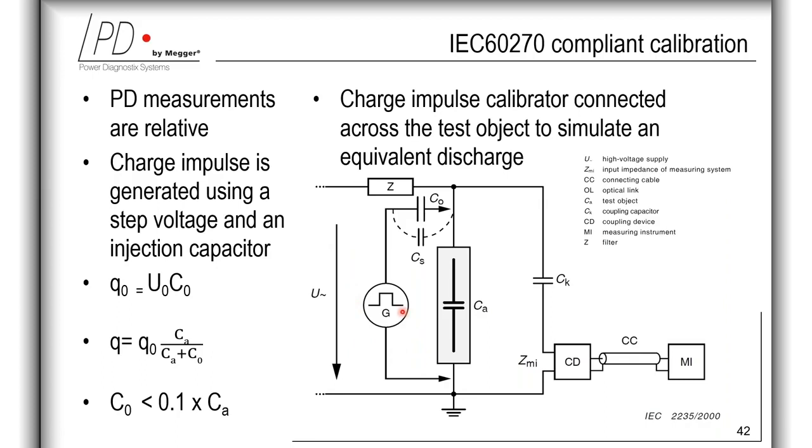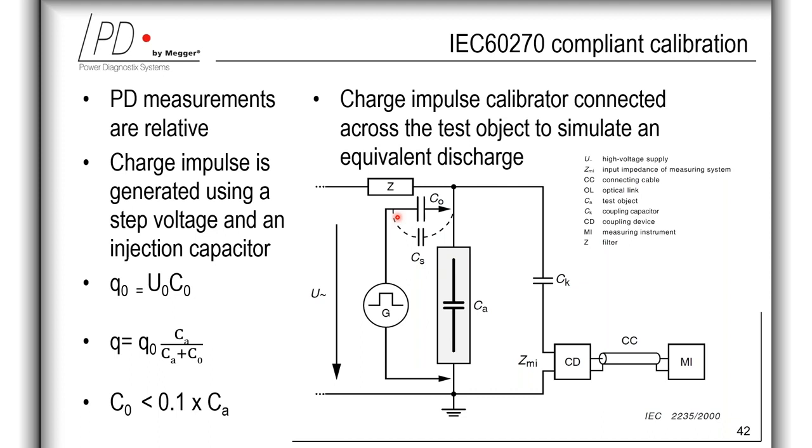The charge impulse, Q0, is generated by using a step voltage and an injection capacitor, which is C0. The figure is showing how such a charge impulse calibrator is connected across the test object to simulate an equivalent discharge in the device under test.